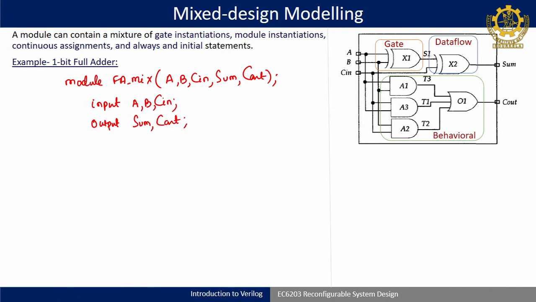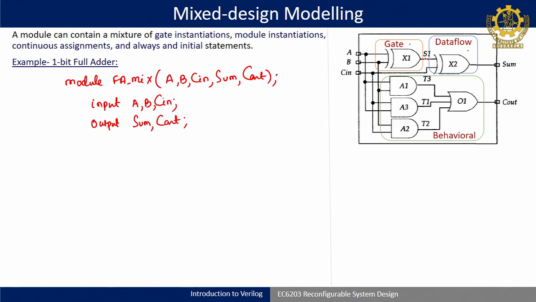Now next declaration part: shall I declare reg or wire? Will there be a reg or not? Because here behavioral level modeling is there, we have to declare reg. Also, if you see the gate level and the data flow, in between them S1 is there.